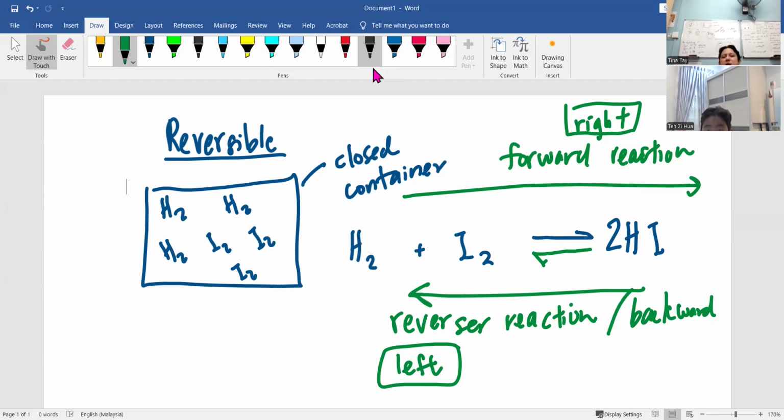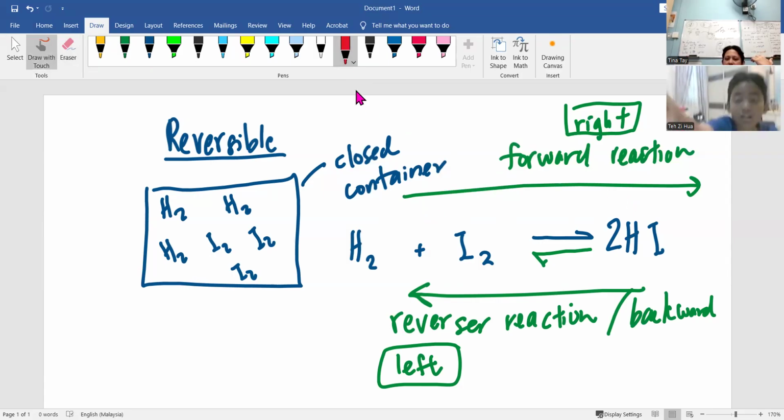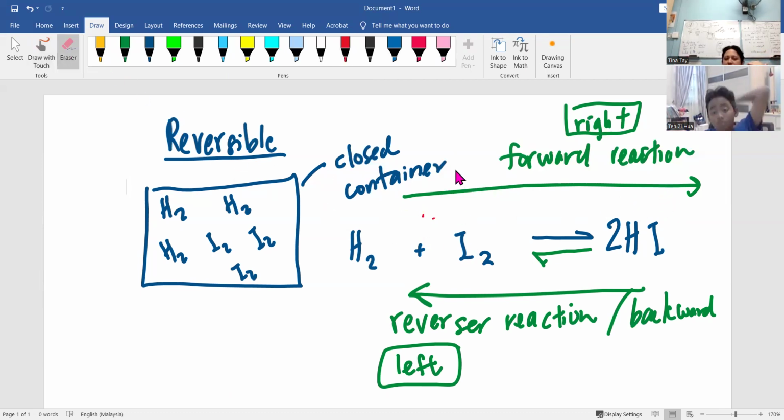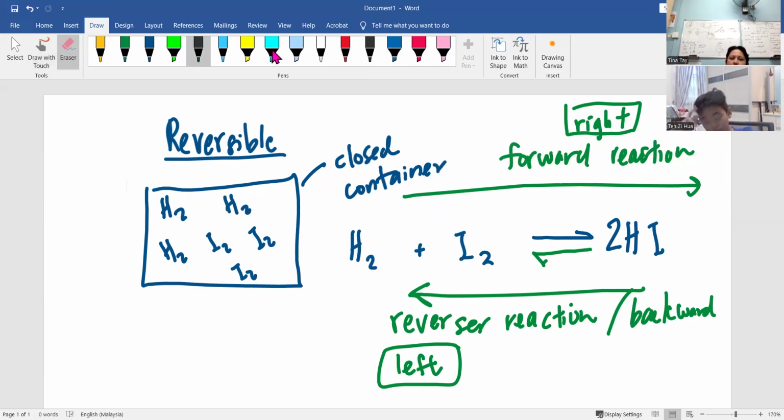Maybe at the start, the reactants are 100% and the product is 0%. After a while, it becomes 90% and 10%. Then 50%, 50%. Then it changes again to, let's say, 70 and 30.